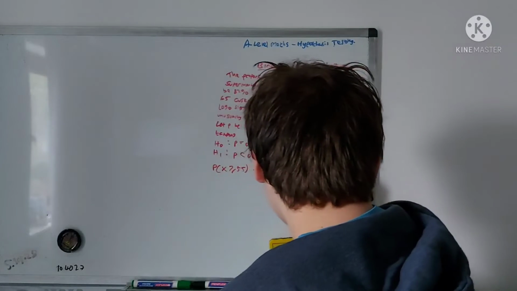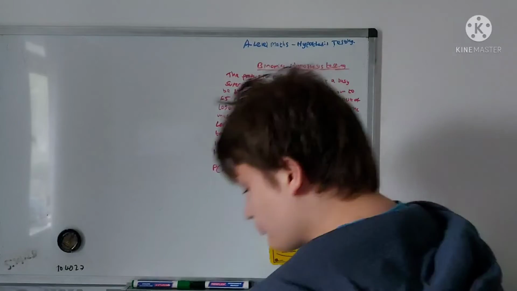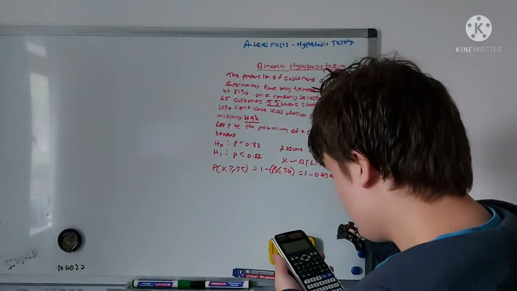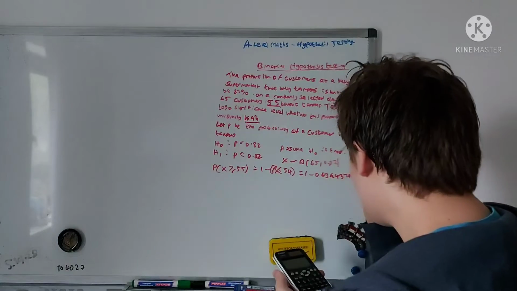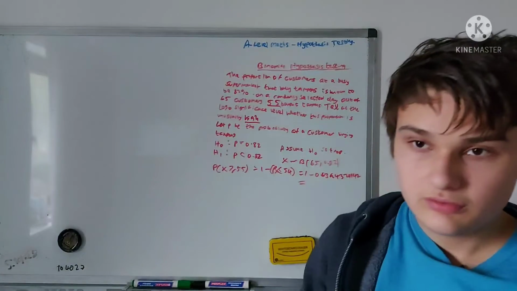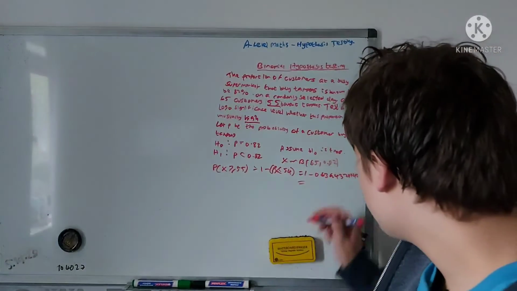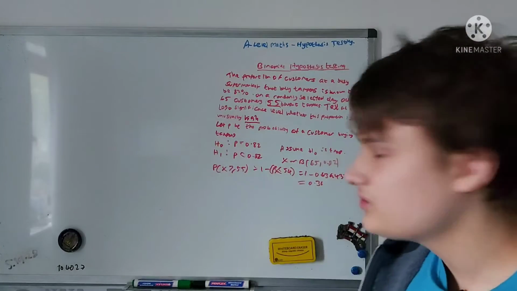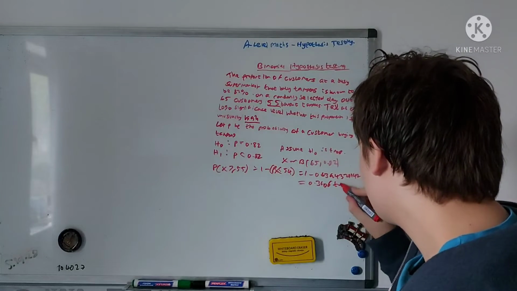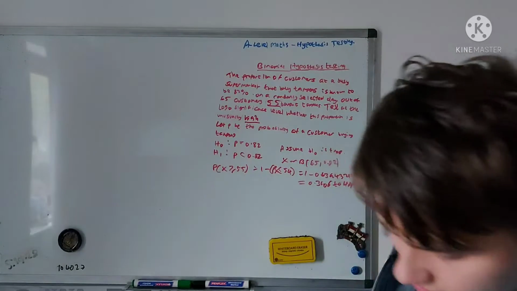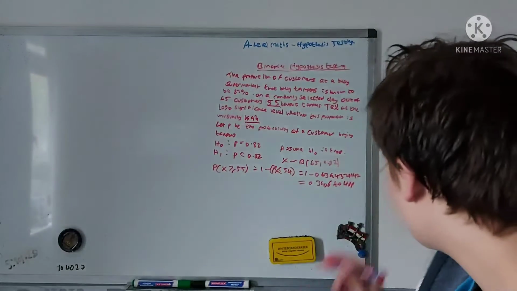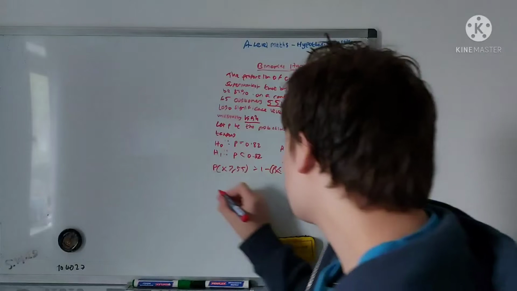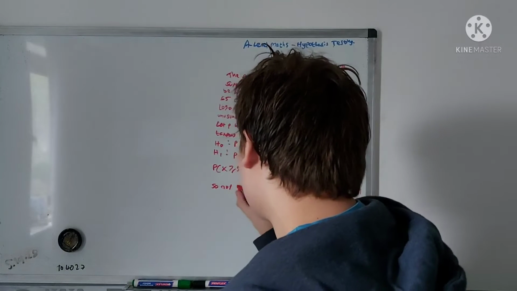That is 1 take away 0.639943299942, which is like 0.36, something like that. 0.3606, I want to say, for 4 dp. Now is that greater than 0.1? Yes, it is. So, not significant.